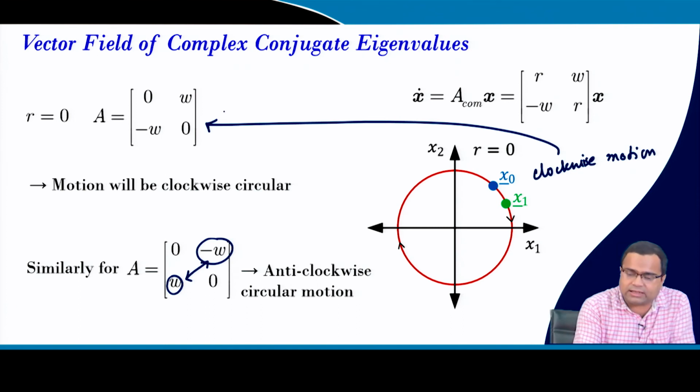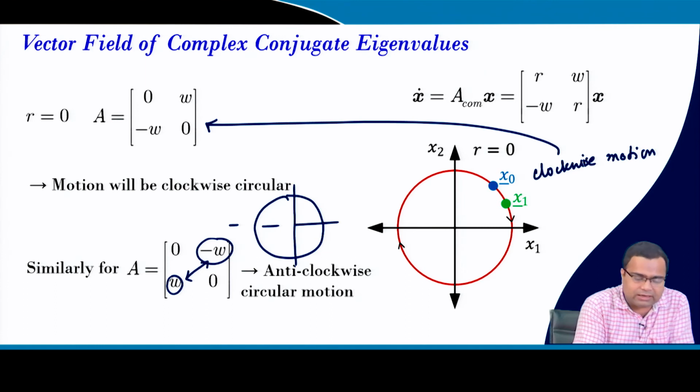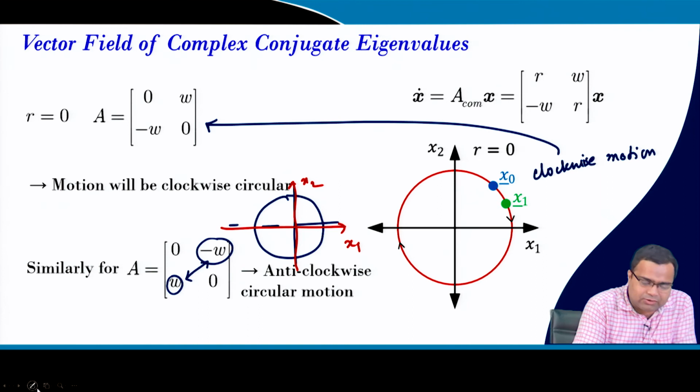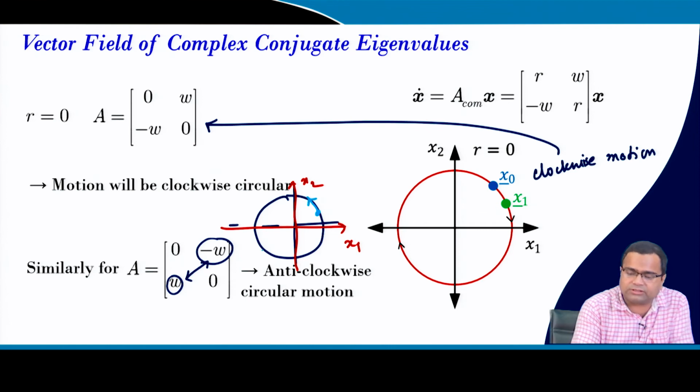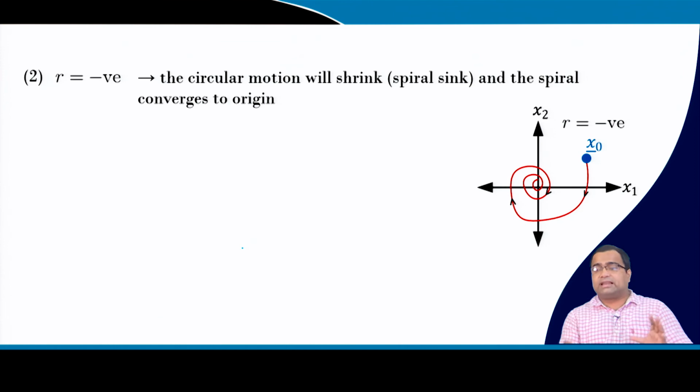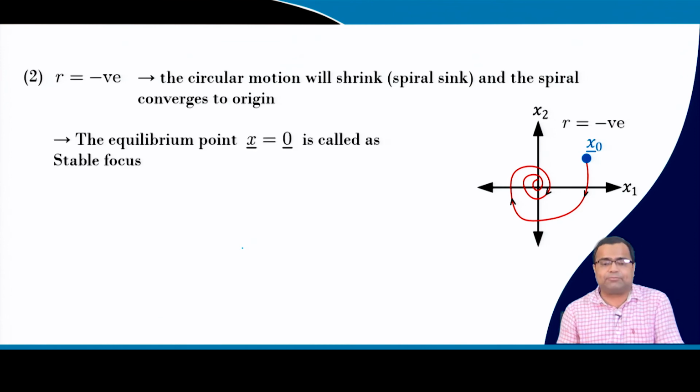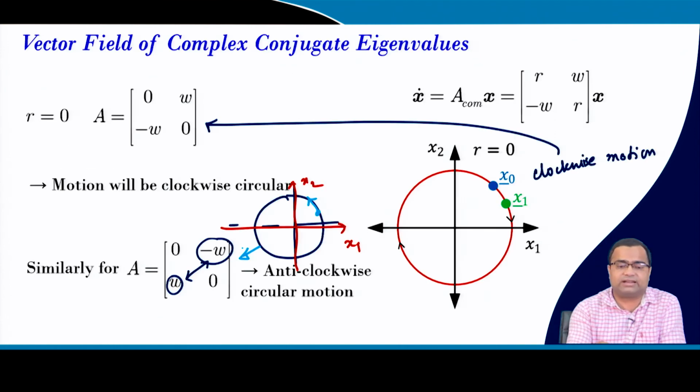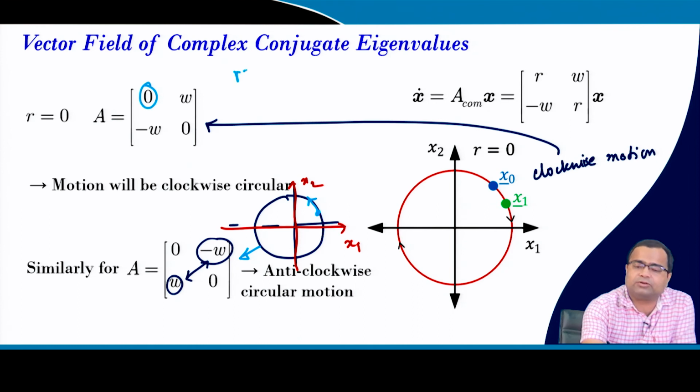And anti-clockwise, how does it look? If you draw a circle like this, with axes x1, x2, and start with an initial condition here, it will go along this path. Now, if we consider a radius, earlier we had put radius equal to 0.